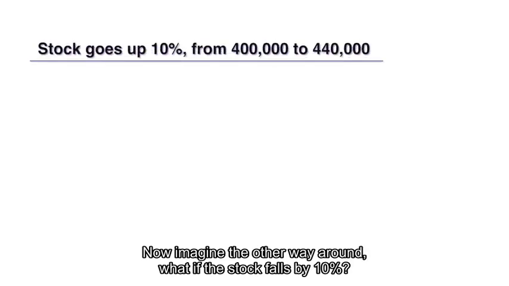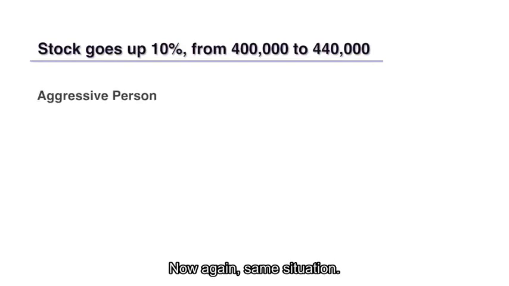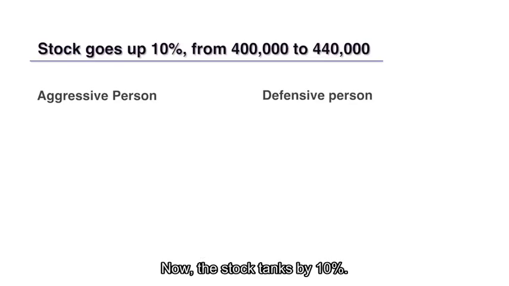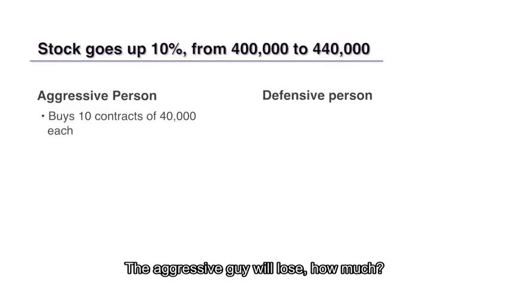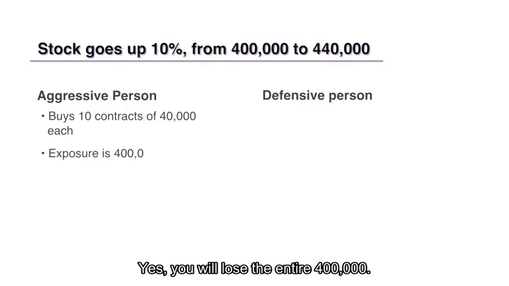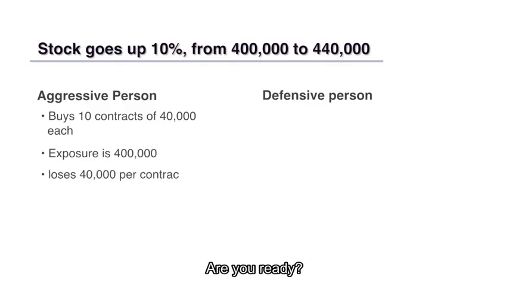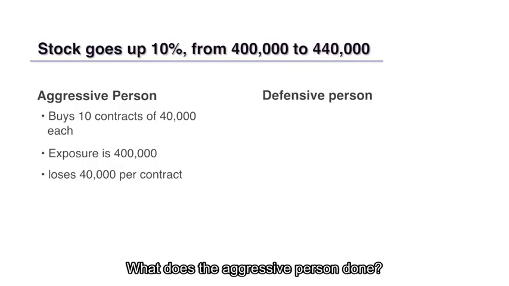Now imagine the other way around. What if the stock falls by 10%? Now again same situation, you have 400,000 with you, gross contract value is 400,000 and the margin required is 40,000. Now the stock tanks by 10%. The aggressive guy would lose how much? Yes, he will lose entire 400,000 because for each contract he will lose 40,000. Are you getting it?